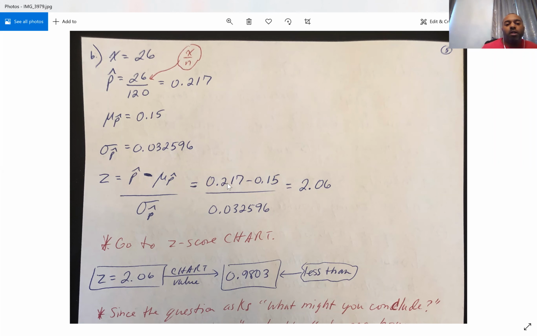All right. So with that information, we can find our z-score. P hat minus the mean of our P hat, our sampling proportion, divided by the standard deviation. So 0.217 minus 0.15 over 0.032596. That gives us 2.06.